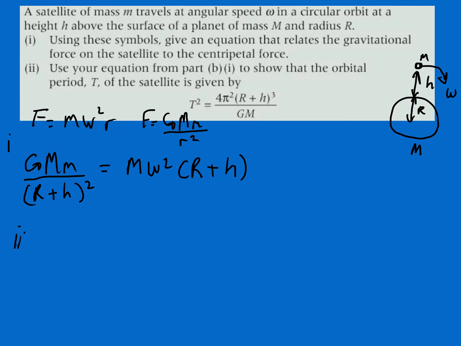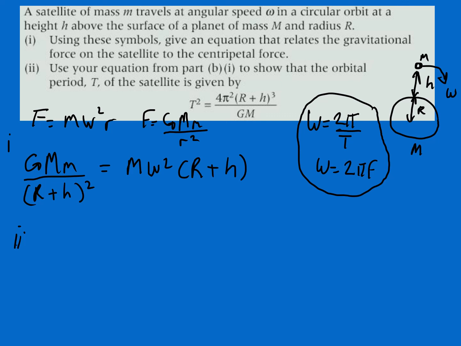If we look at this, there's no time period in there at the moment, but if you recall, omega is equal to 2 pi over the time period, or remember it being 2 pi f. Remember the relationship between time period and frequency: frequency is 1 over the time period. So that's what we need to use for part 2.